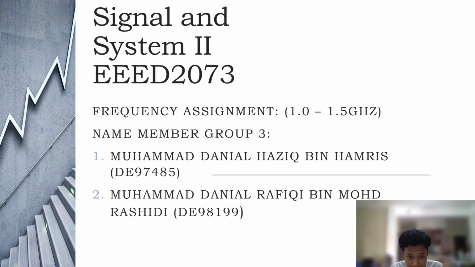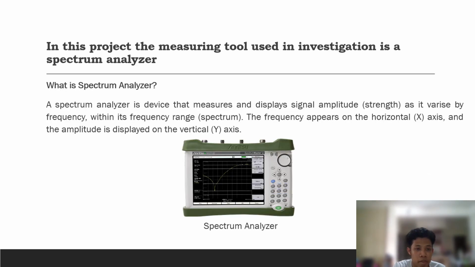We want to present a project assignment on frequency assignment around 1.0 to 1.5 gigahertz. In this project, the measurement tool used in the investigation is a spectrum analyzer. A spectrum analyzer is a device that measures and displays signal amplitude strength as it varies by frequency within its frequency range spectrum.